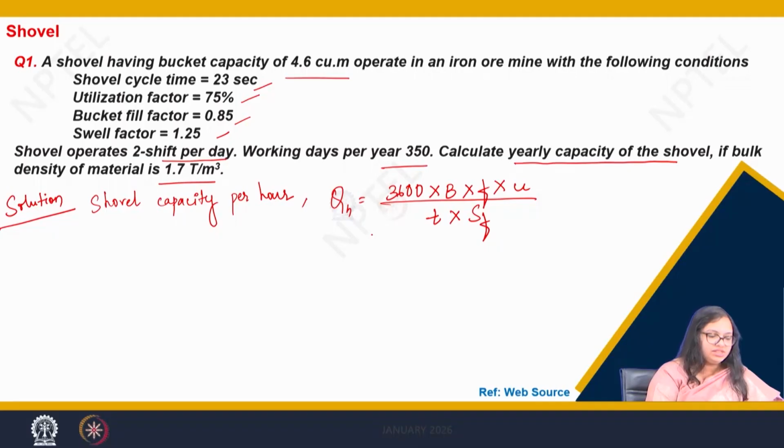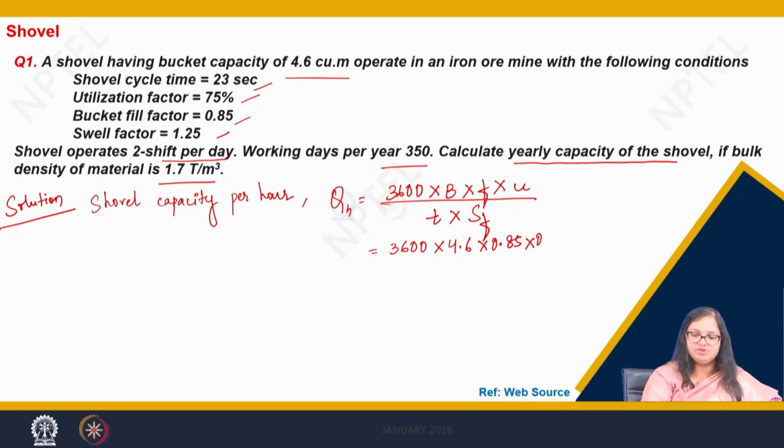So for the capacity per year, first let us see what is the hourly basis. So this is 3600 multiplied with what is my bucket capacity, it is 4.6, multiplied with 0.85, multiplied with 0.75, divided by what is the time?